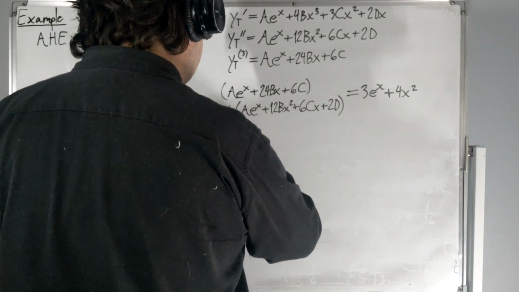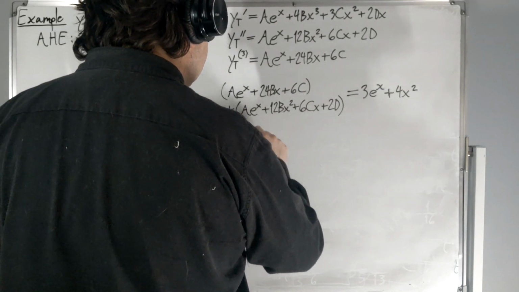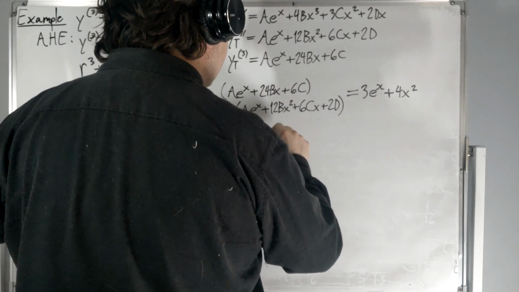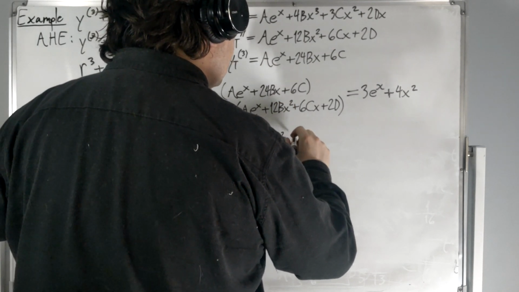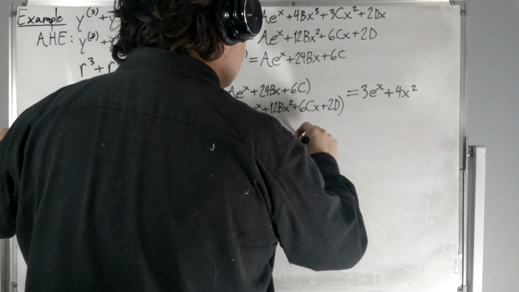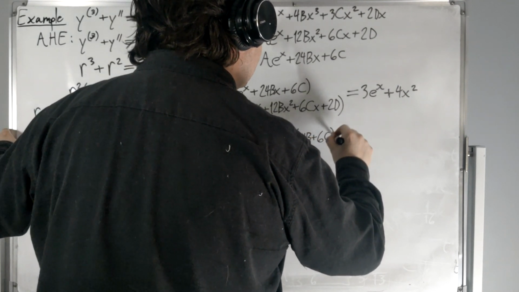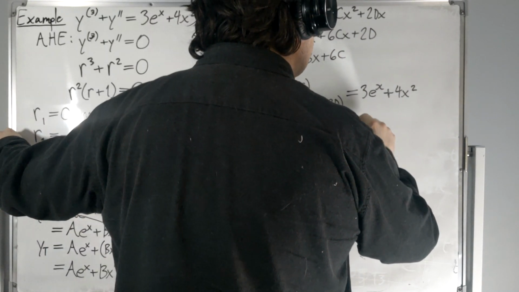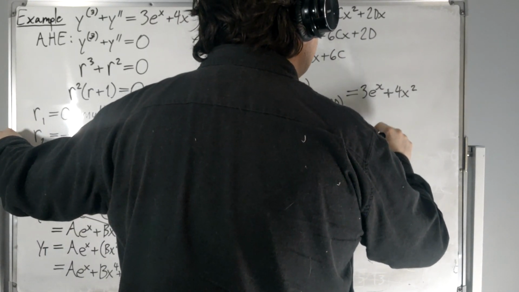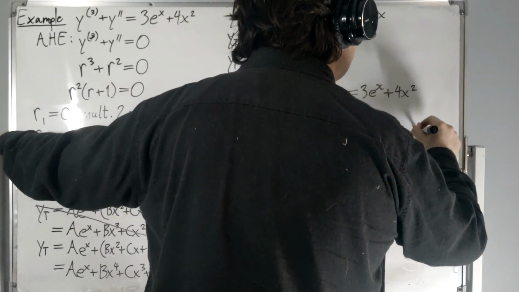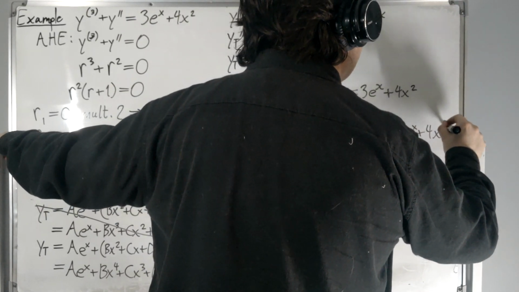All right, so we have some like terms we can combine. We'll get 2ae to the x plus 12bx squared plus 24b plus 6c times x plus 6c plus 2d equals 3e to the x plus 4x squared.